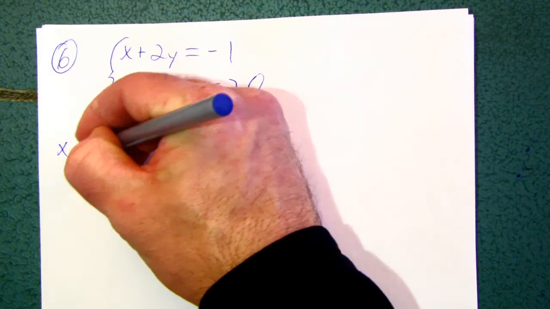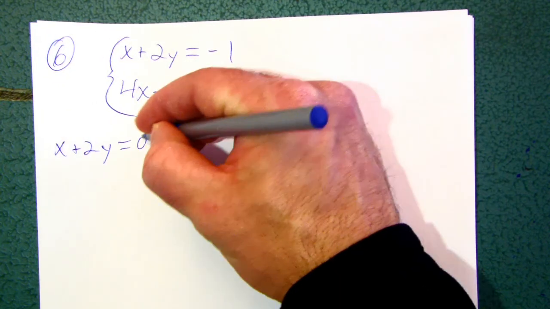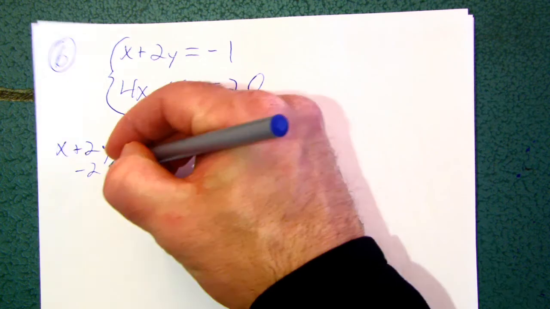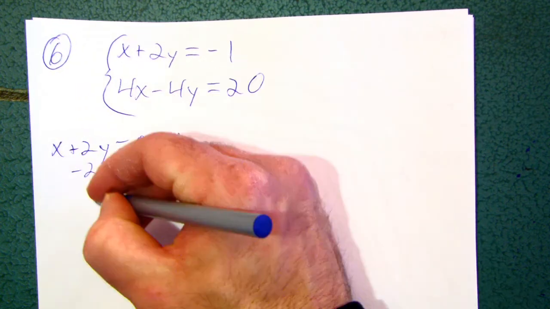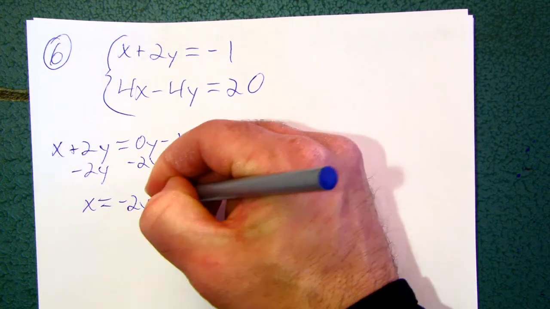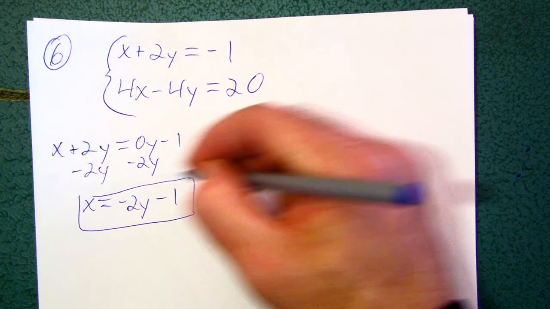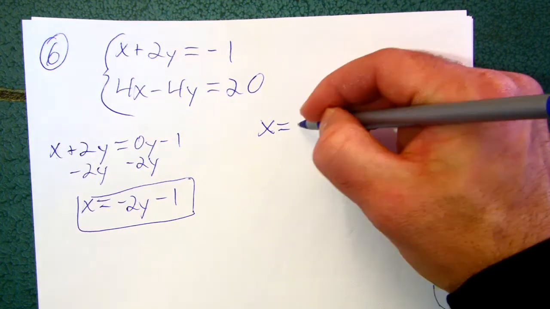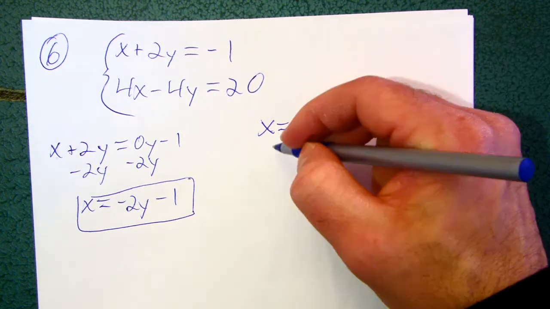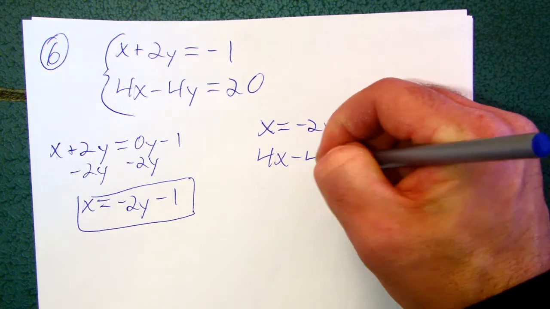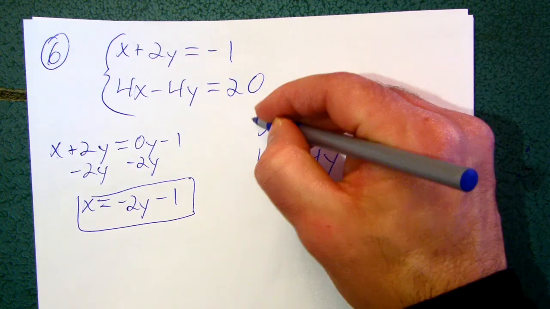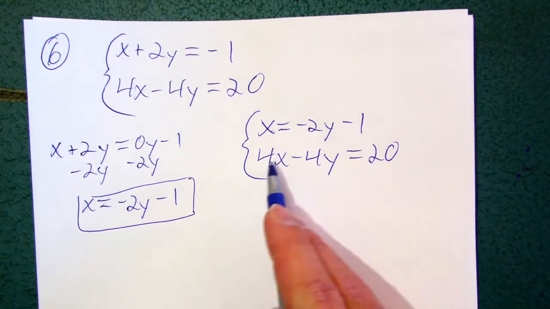So with x plus 2y equals negative 1, I can put a y there to show you where it's going to go. I can subtract 2y from both sides. So x equals negative 2y minus 1. So there's my new system.